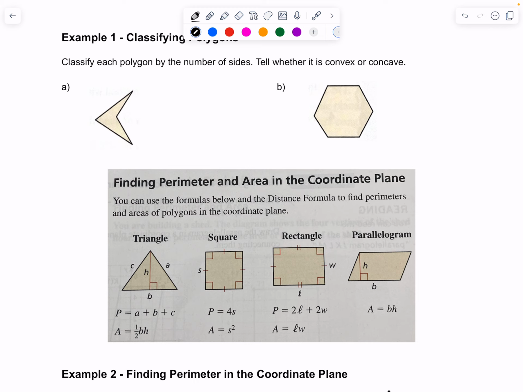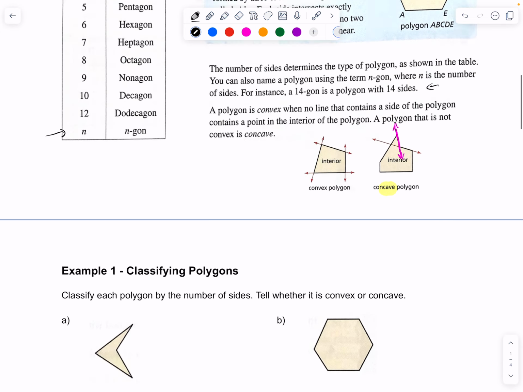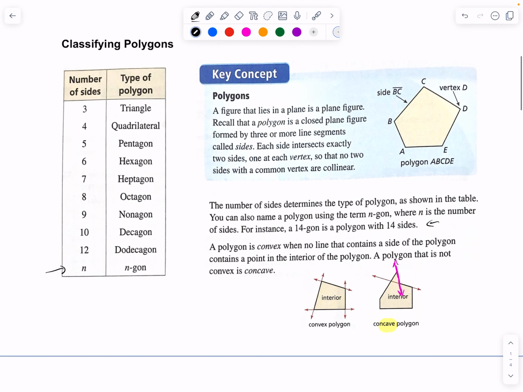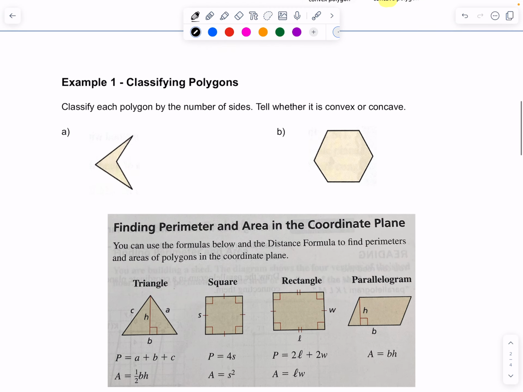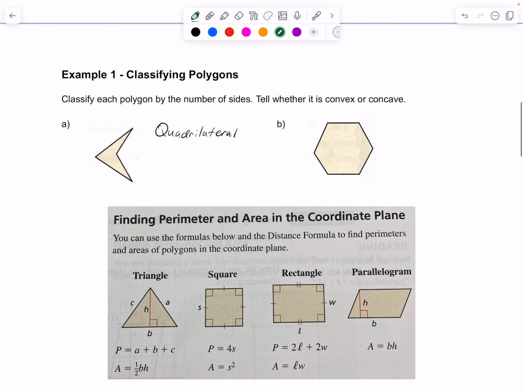So let's check the number of sides here. 1, 2, 3, 4. So that's 4 sides. If you need to refer to your table, you can. A 4-sided polygon is a quadrilateral. And if you are looking for any of these sides, if you were to make them into lines, I notice that this one goes inside the actual polygon, right?